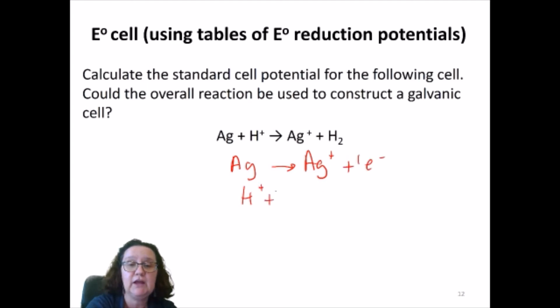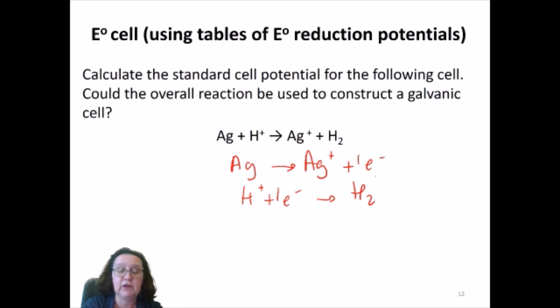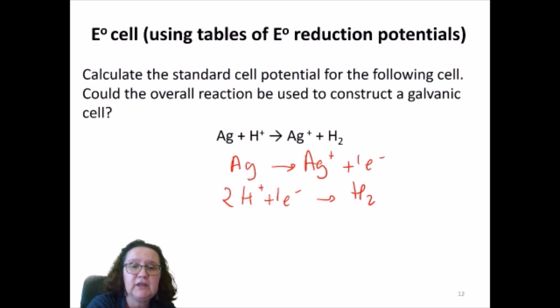On the other one, I have the hydrogen ions, which produces hydrogen. And again, I don't bother balancing the overall equation. What I do need to balance is the individual equations to be able to find them on the tables.